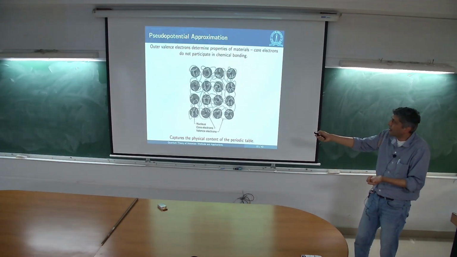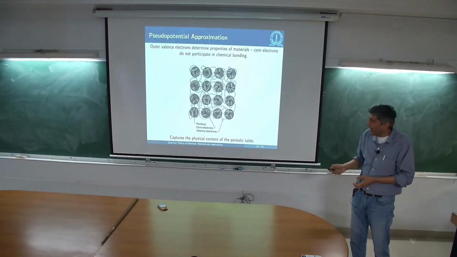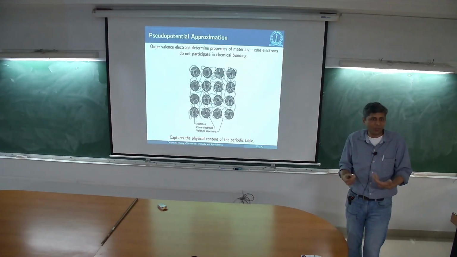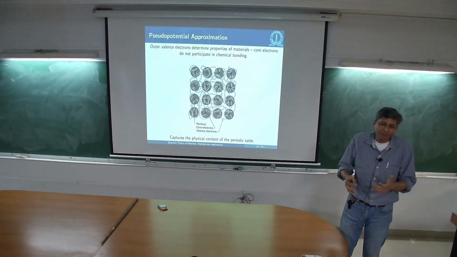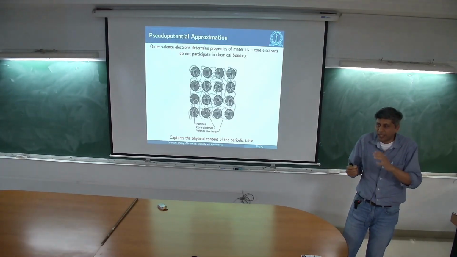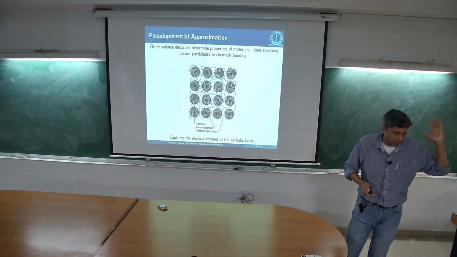And so it's called a pseudopotential, for lack of a better word. And the pseudopotential essentially captures the physical content of the periodic table. Some people may disagree, but by and large that is the idea, that all the core electrons should be removed from the calculation and we should only worry about the valence electrons.